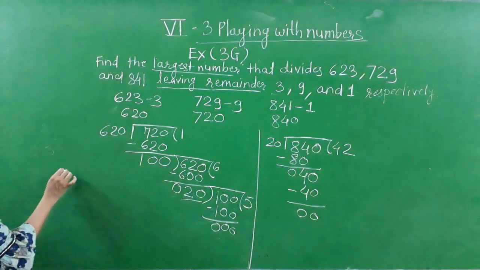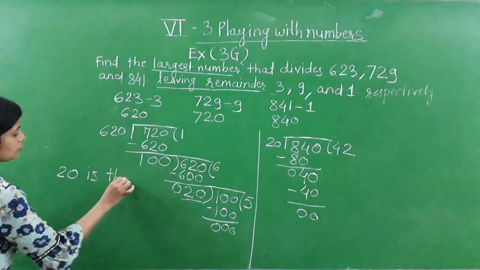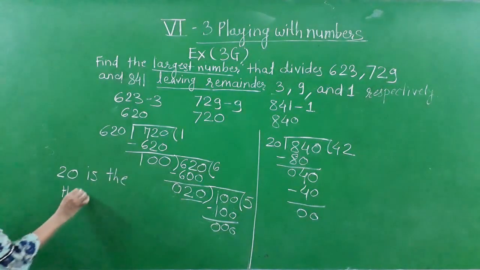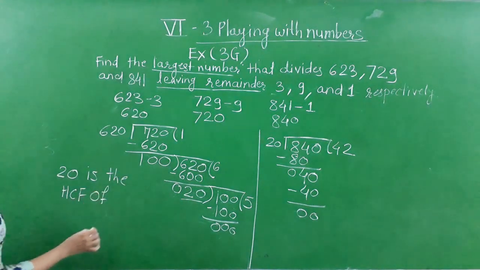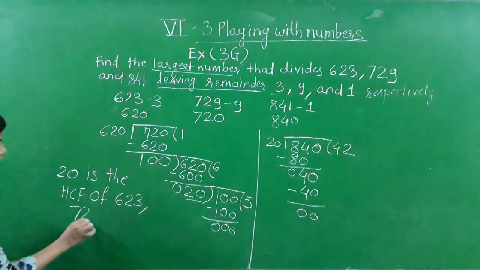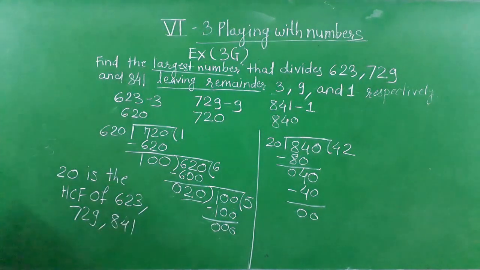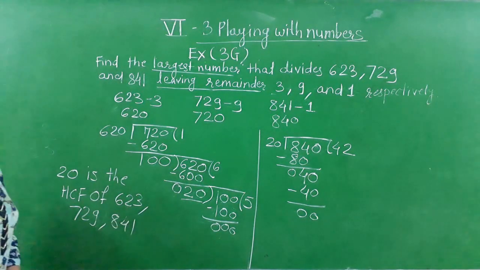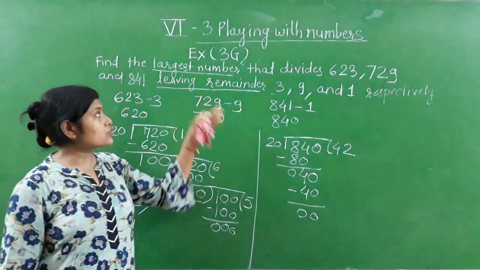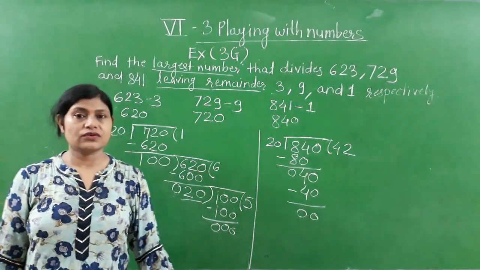Here we'll write 20 is the HCF of 623, 729 and 841. In this way you are going to apply this continued division method in exercise 3G. Okay, thank you.